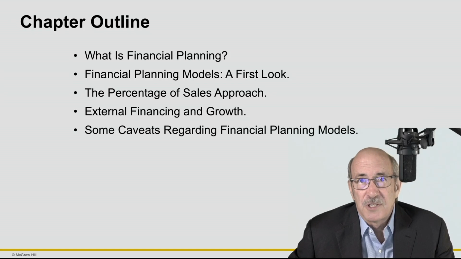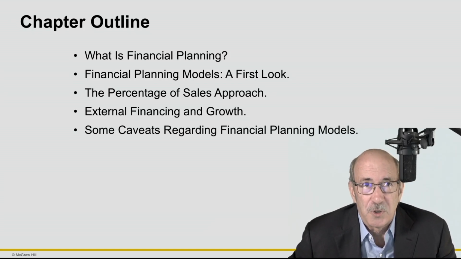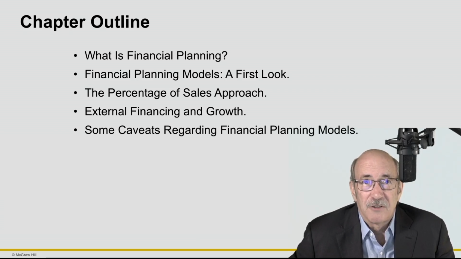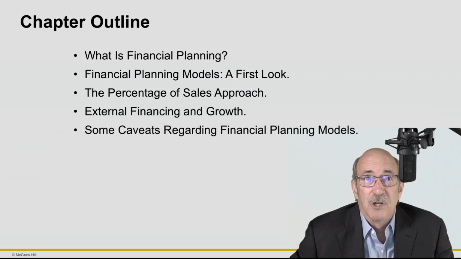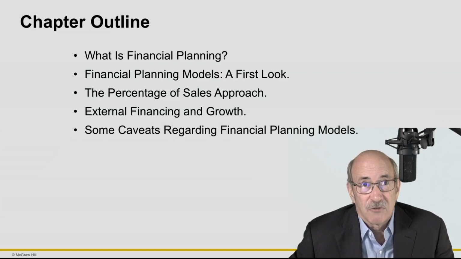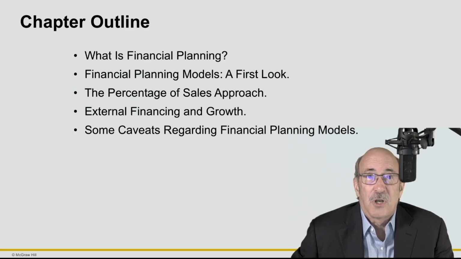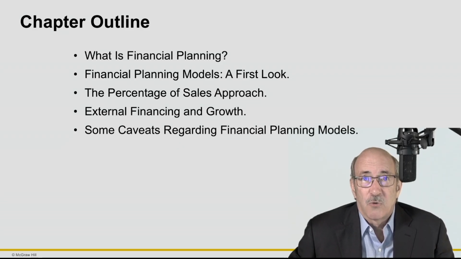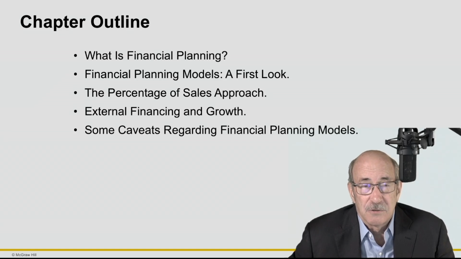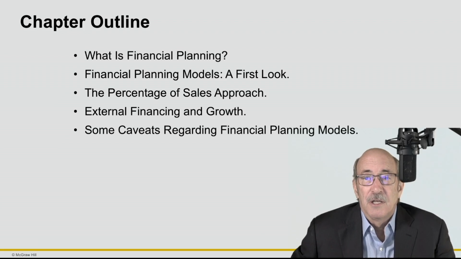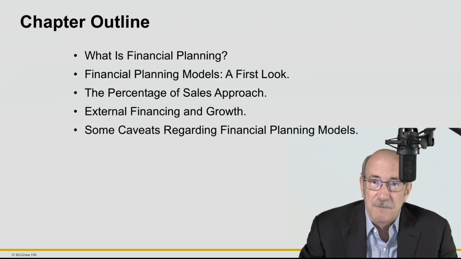There are some more detailed methods, but at this point in your path to learn about finance, we don't need to go any deeper than that. Then from that percent of sales pro forma, we'll discover whether we have any external financing needs, and we'll also look at how quickly the company can grow without adding any additional debt and equity, or just no additional equity. All right, so that's the basic plan.